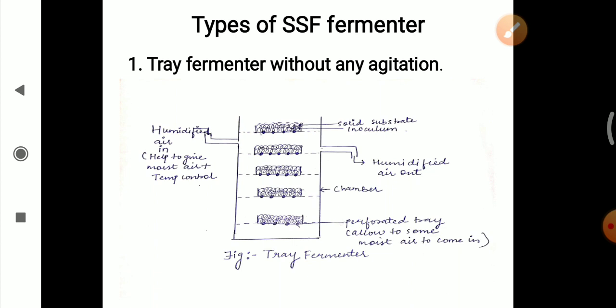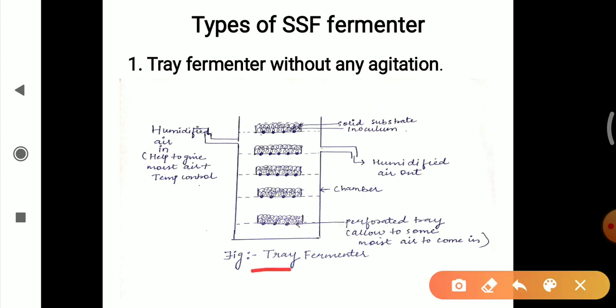This is the diagrammatic representation of tray fermenter. This type of fermenter consists of wooden, metallic or plastic trays with perforated bottom.